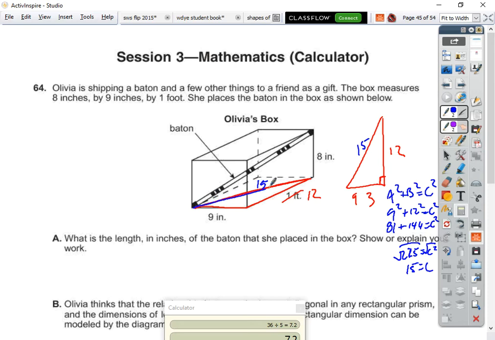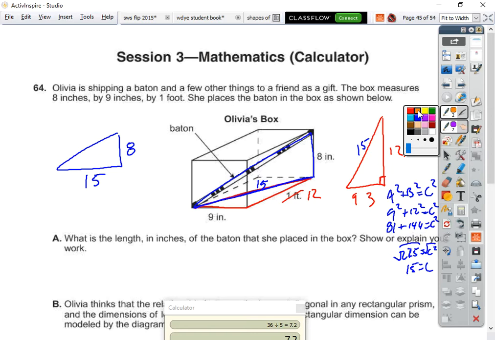Now in this case, we have another right triangle, where we have another famous Pythagorean triple.